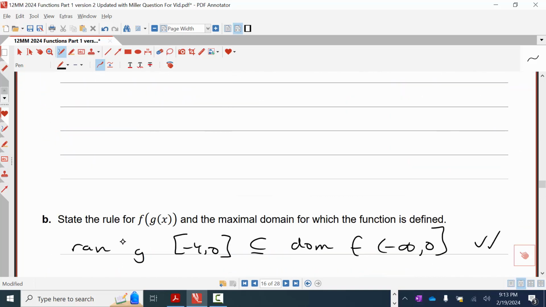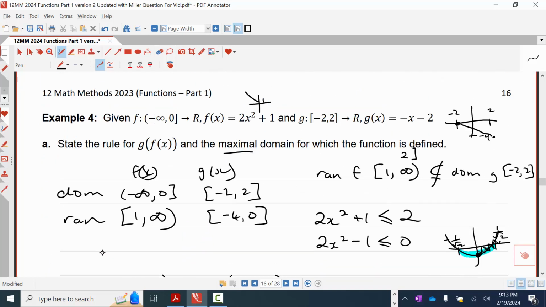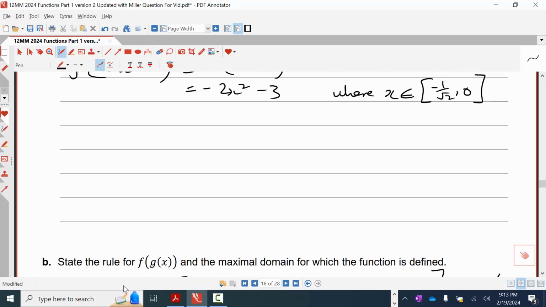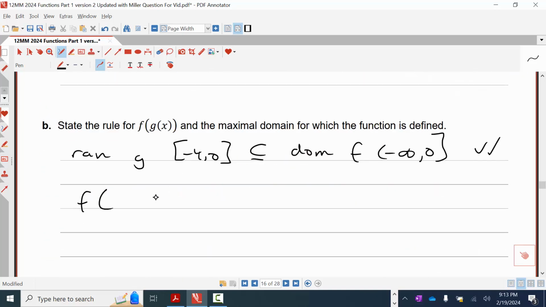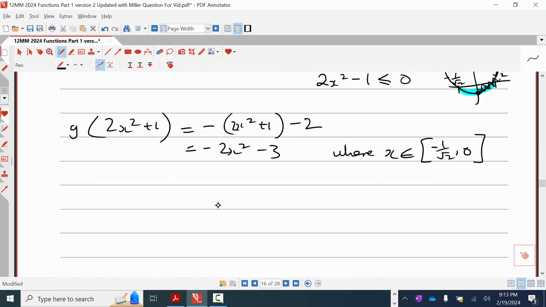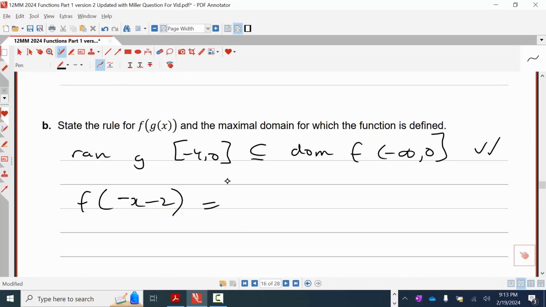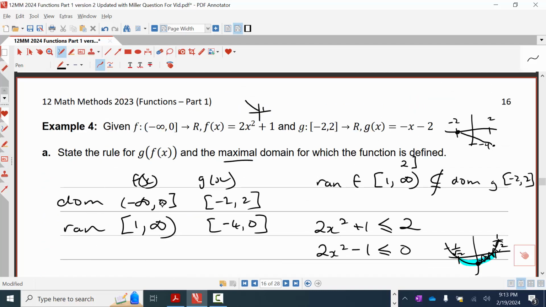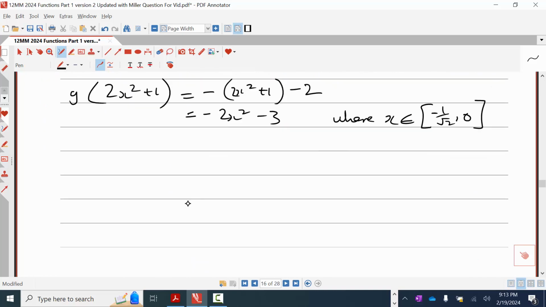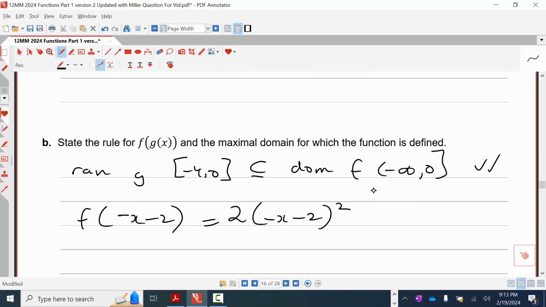So we're doing f of g of x. g of x is the linear, negative x take 2. So that goes in for every instance of x, which is 2 brackets, negative x take 2, all squared, plus 1, I think. Yeah.